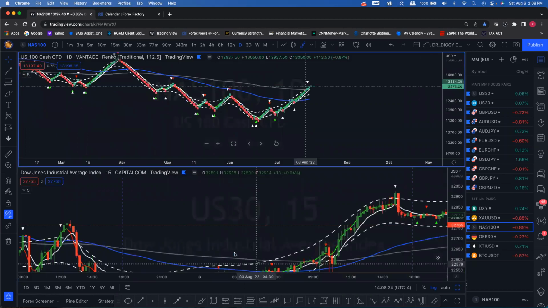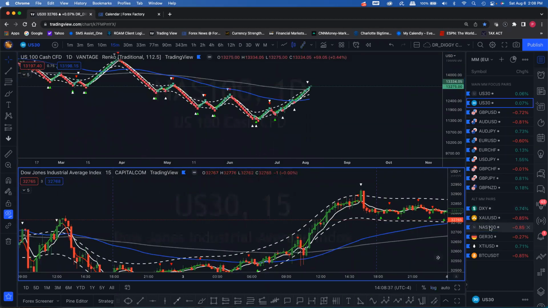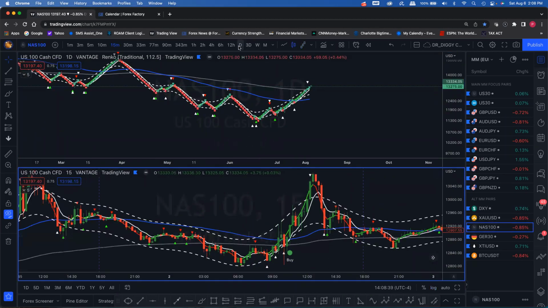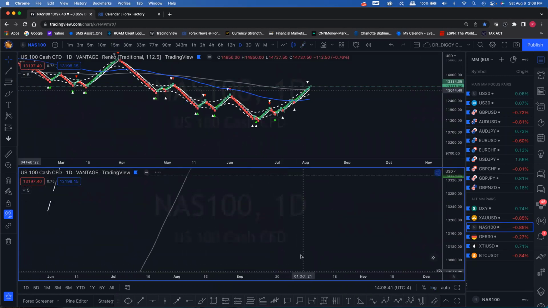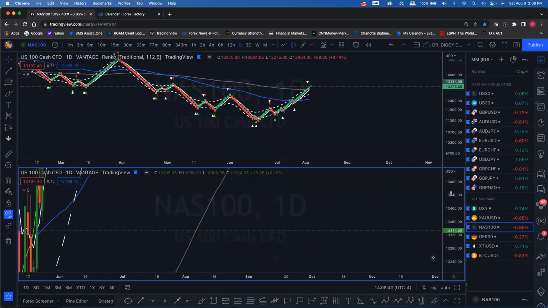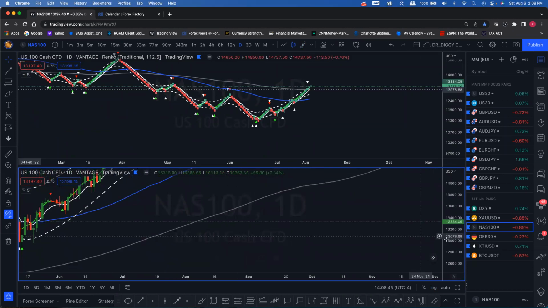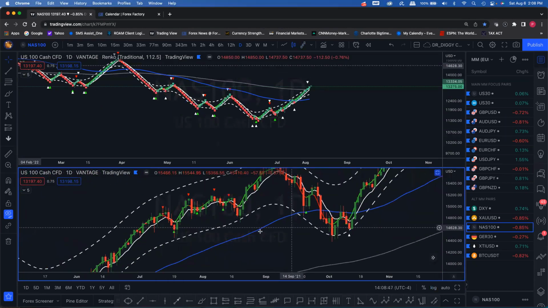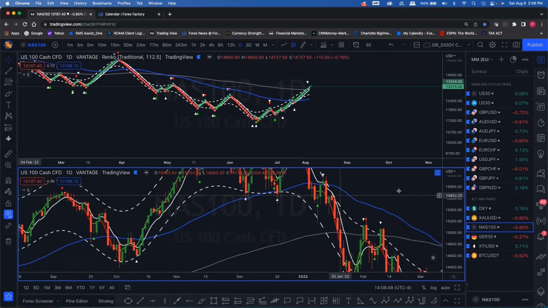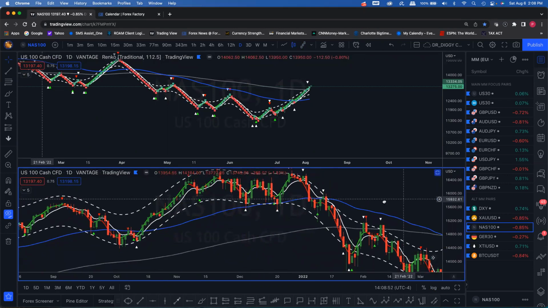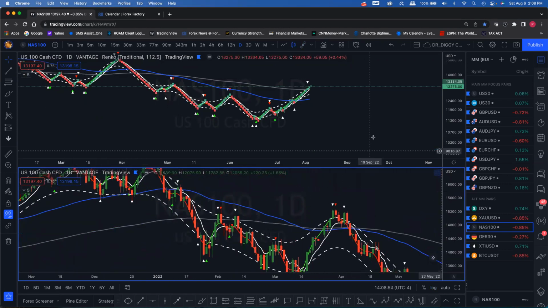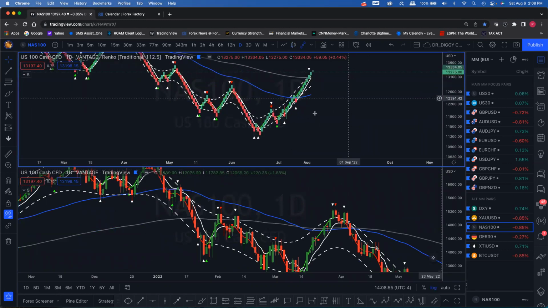So I go back and go into the daily. Squeeze this down some. I have different settings on my price action than what I have on the Renko, but I'm using the same indicators.